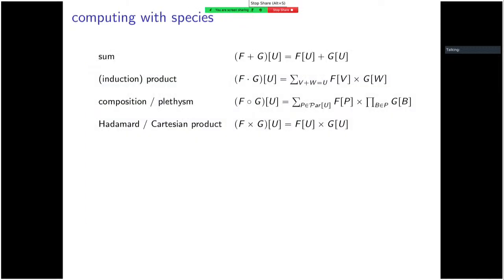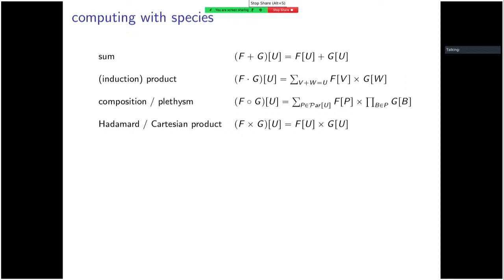Okay. And now the interesting, playful part is we can actually compute with species. So we can say what it means to add two species. This looks strange.